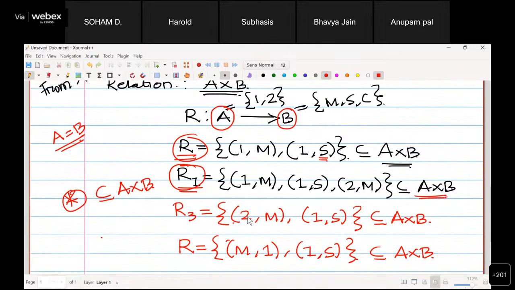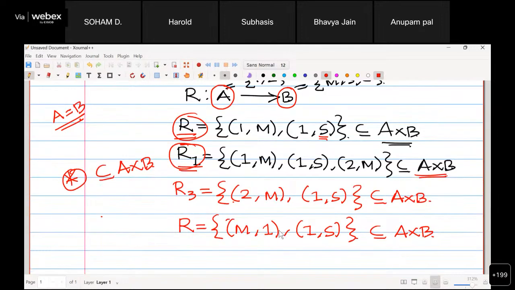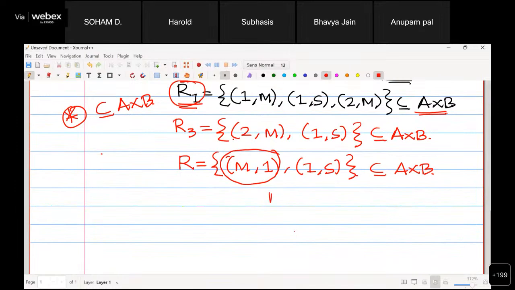But again, you have to go through the definition. First, tell me whether this is a subset of A cross B or not. Yes, sir, this is a subset of A cross B. If this is a subset of A cross B, then m comma 1 should be a member of A cross B, right? But it isn't.